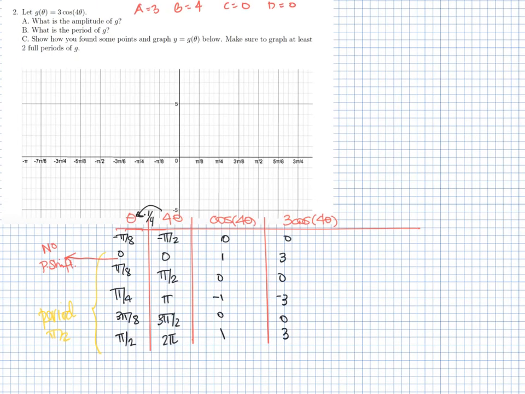Now let's plot some points and see what this looks like on the graph. We can then follow the pattern to find what the remaining points on the graph look like.